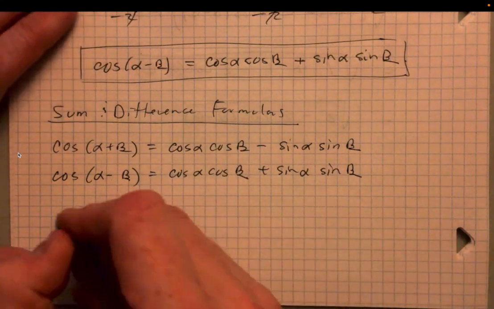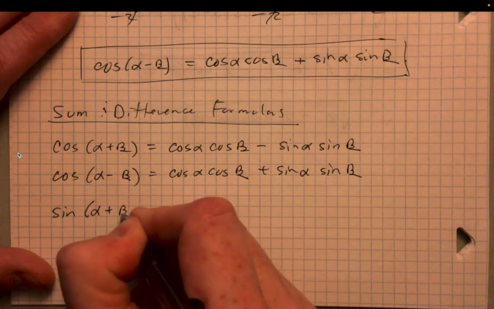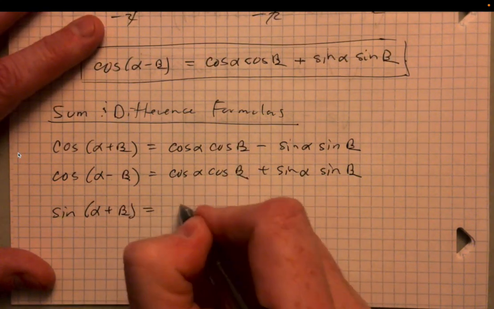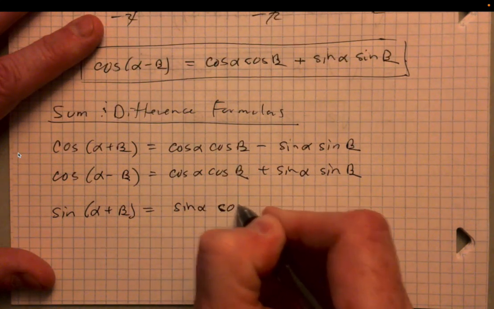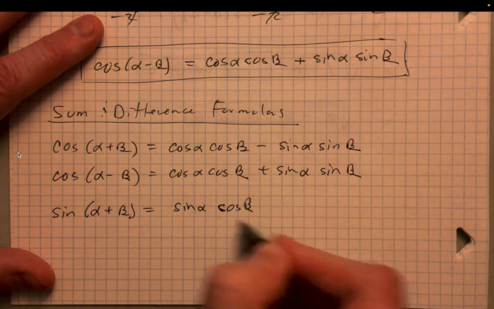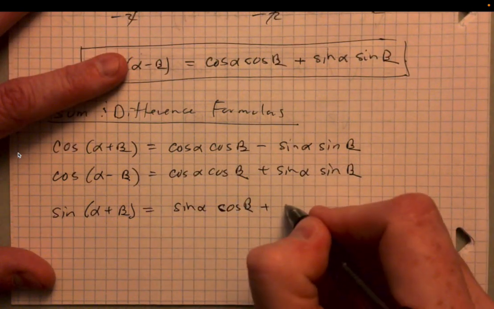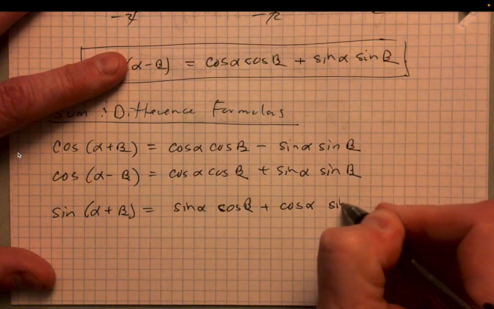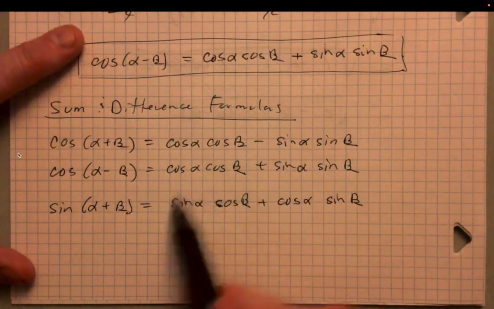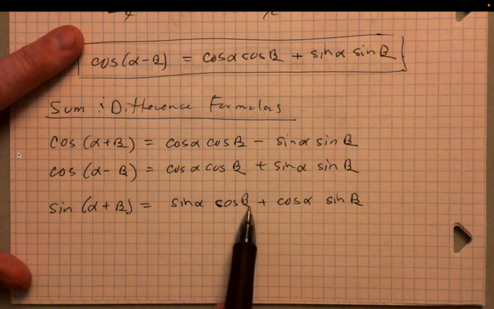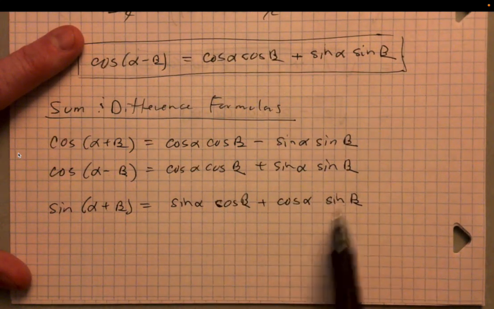And then for sine, we have something similar. So sine of alpha plus beta is equal to sine alpha cos beta plus cos alpha sine beta. Okay, so the pattern kind of flips here a bit, so plus and plus, and then for sine you've got sine cos cos sine, right?